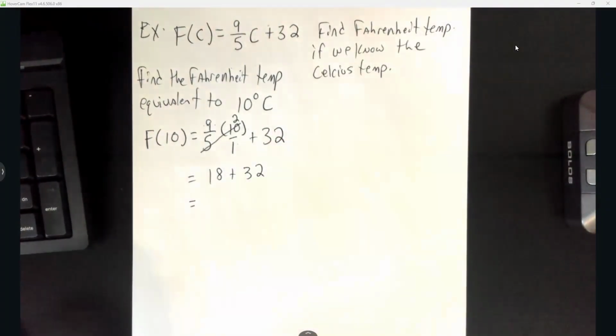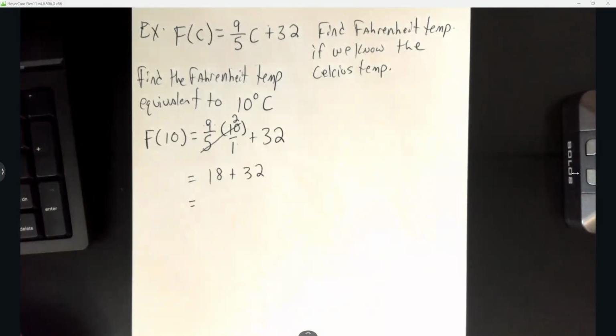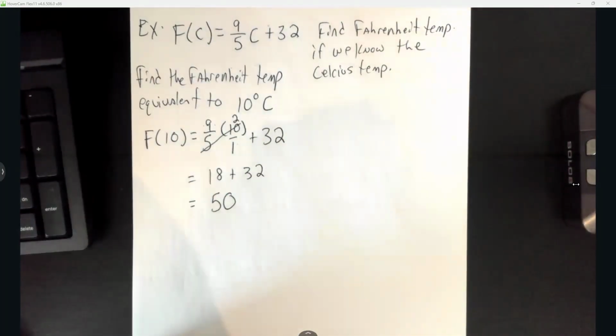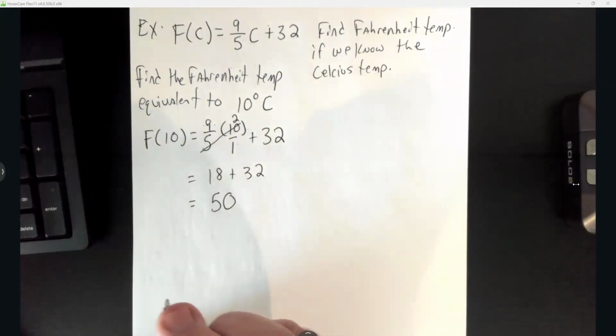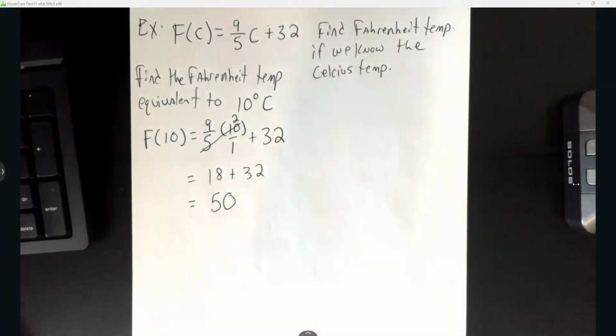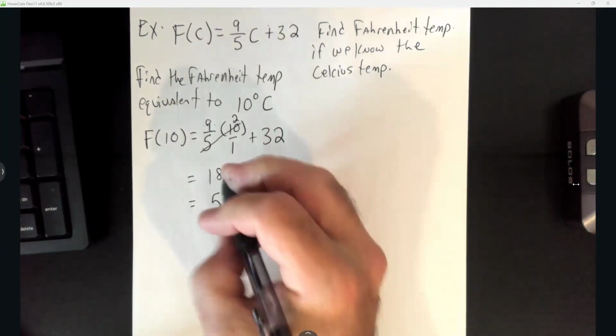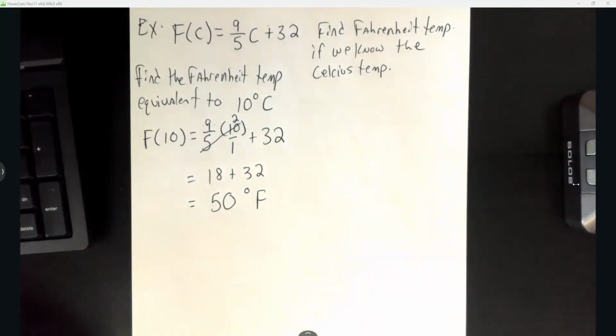Oh, y'all done got answers going everywhere. Let's see, 50, 50, 50, 50, 50. Y'all got 50s up there. So good job. 18 and 32 is 50. So on this one, MathLab has A, B, C, D. Pick 50 and move on. And technically, that would be what? Degrees Fahrenheit, okay?